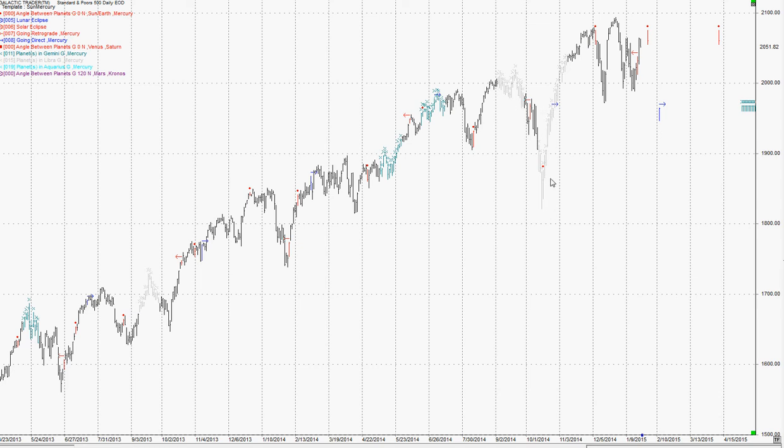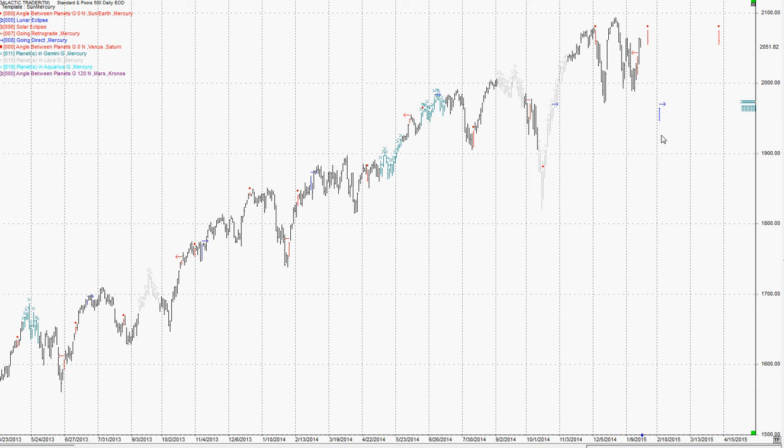Now they aren't all so neat as this. Let's look at our current one. We've got Mercury going retrograde on, when was that? On January 21st, and now we'll soon be looking at the conjunction of the Sun and Mercury, and this will be the one that is the start of a new Mercury Sun cycle.